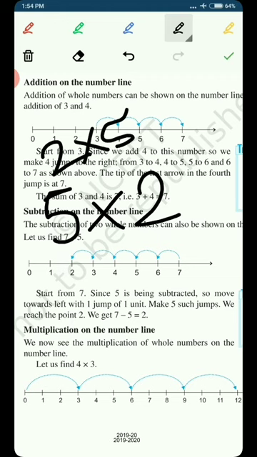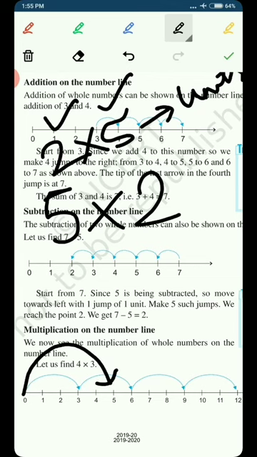But the only difference is that if we take it as 2 into 5, then we have to jump 2 times, and the jump should be of the length of 5 units. So we will jump 2 times but of 5 units. One jump of 5 units and the second jump of 5 units. And where did we reach? We reached at 10. So what is the answer? 2 into 5 is equal to 10.